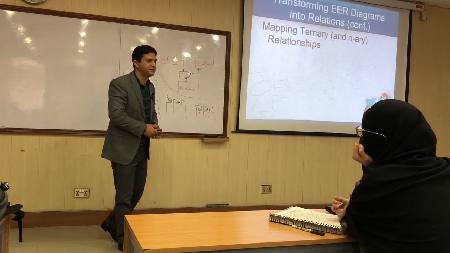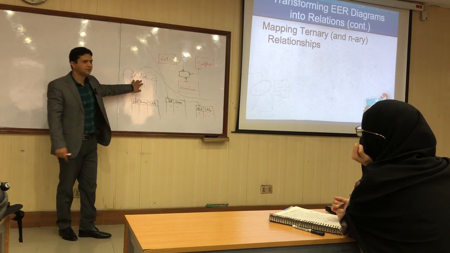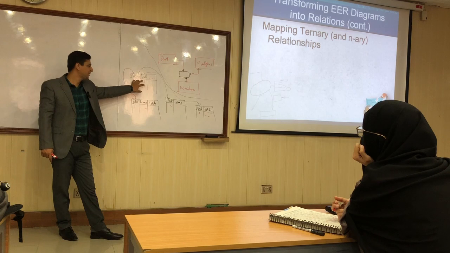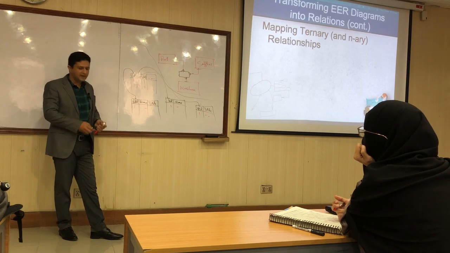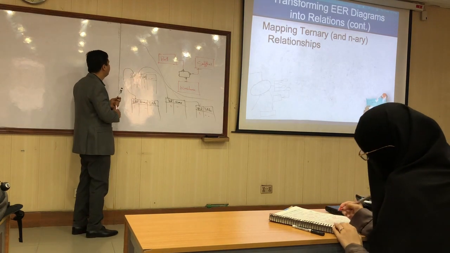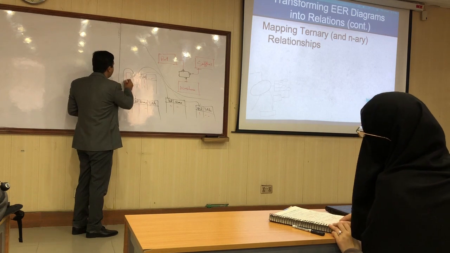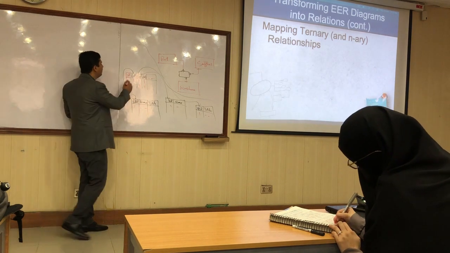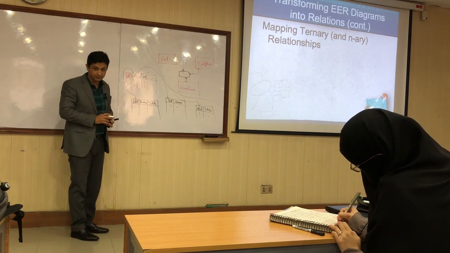In that particular case, we cannot use these foreign keys as a composite primary key for this newly created relation. Rather, we shall have to add a new id to be used as a primary key for this newly created relation.